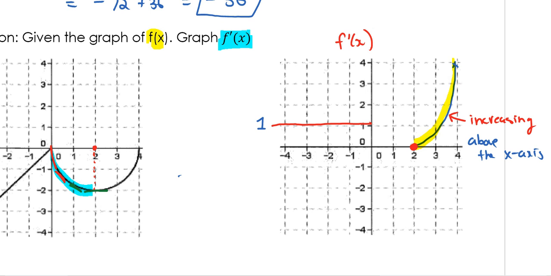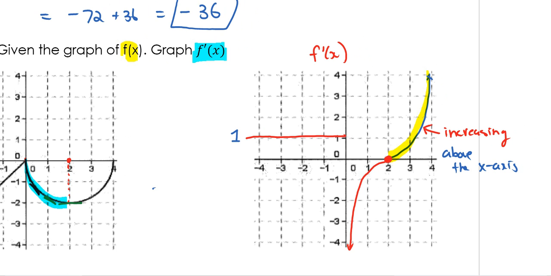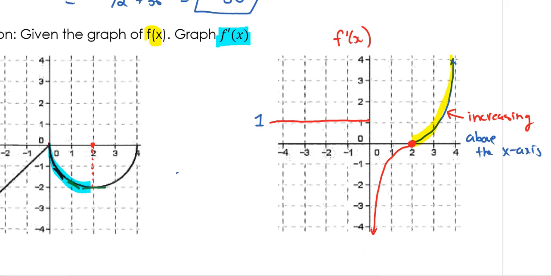So the slope is decreasing here at a faster rate, and since the slope here is negative, you should be below the x-axis. So you want to graph a relationship where you're below the x-axis like that, and your slope is getting bigger and bigger. So this right here would be an acceptable answer for graphing the derivative.